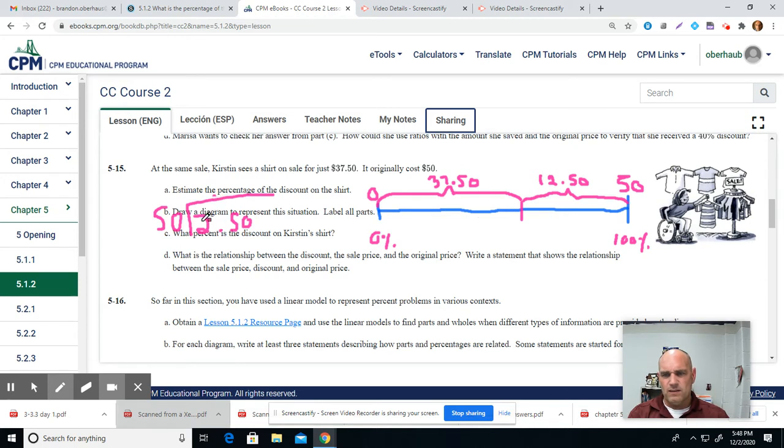Decimal. 50 doesn't go. Wait a sec. 15 to 2.50s. All right. So 50 doesn't go in 2, doesn't go in 25. It goes in here 1, 2, 3, 4, 5 times.